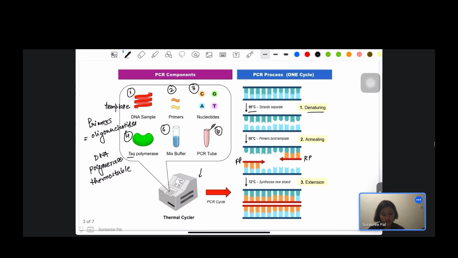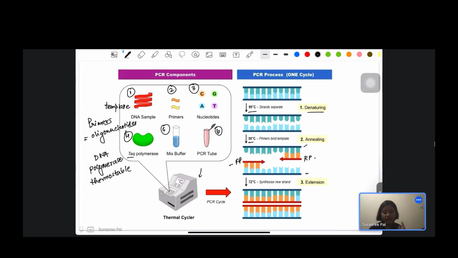Then the temperature is maintained at which the forward and the reverse primers can anneal to this template DNA. This is called the annealing step. We can see it can range between 55 to 50 degrees. The annealing temperature depends on the sequence of the template DNA as well as the primer DNA.